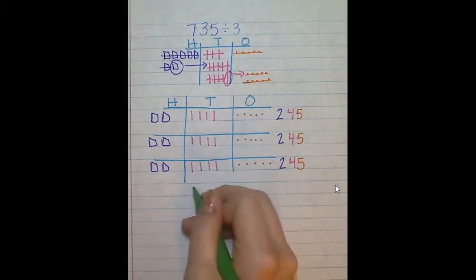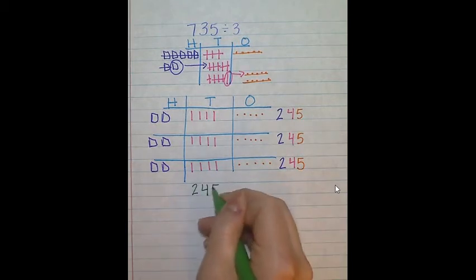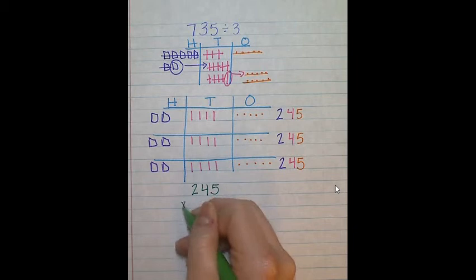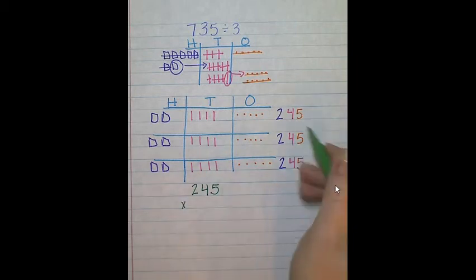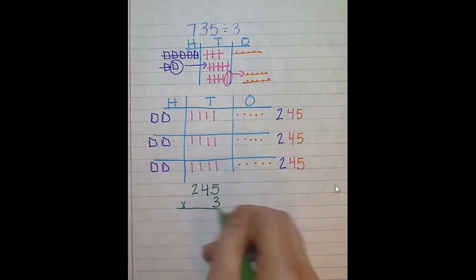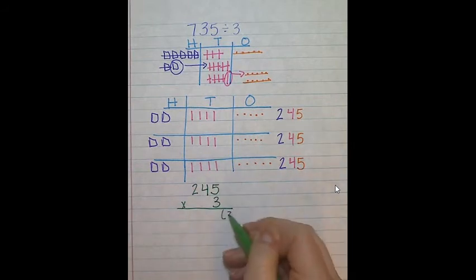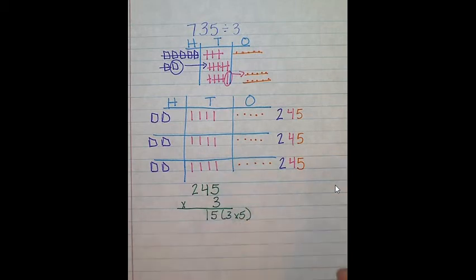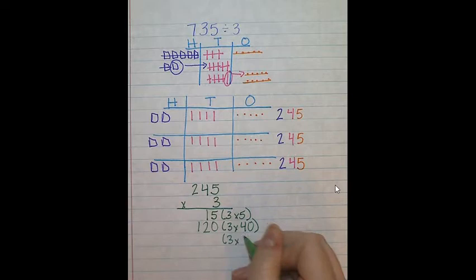So I'm going to do multiplication, since division and multiplication are opposites. So since I have 3 groups of 245, I can multiply those. And I'm just going to use a partial product here. If an area model is the better strategy for you to solve multiplication, then do that, please. I have 3 times 40, which is 12 tens, which would give me 120. 3 times 200s would give me 600s, which has a value of 600.